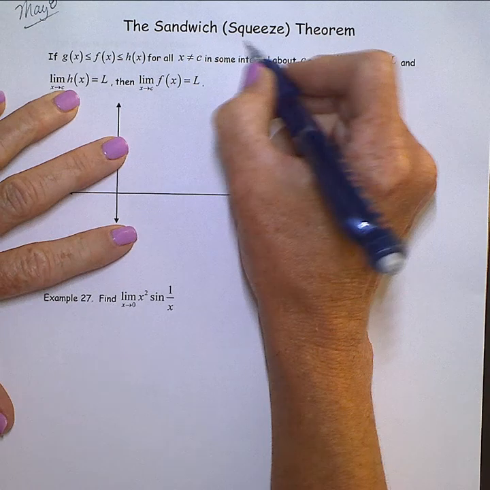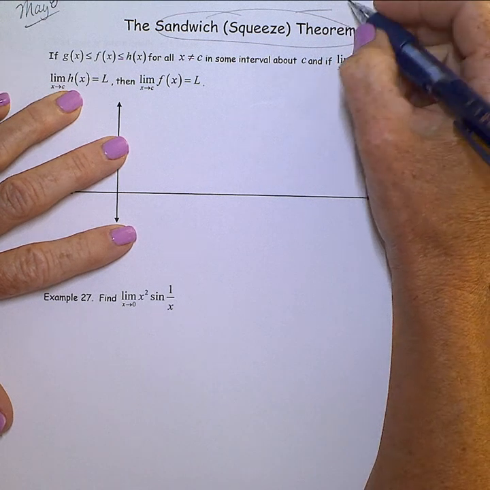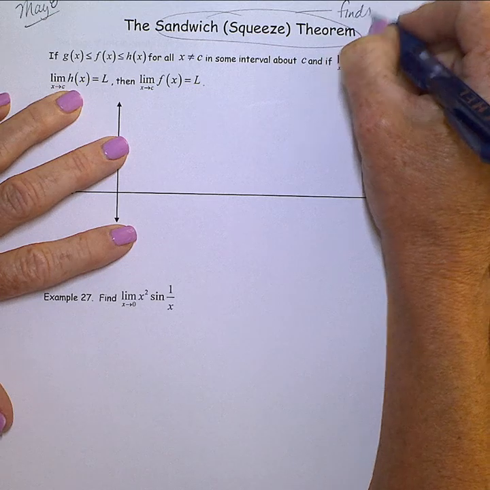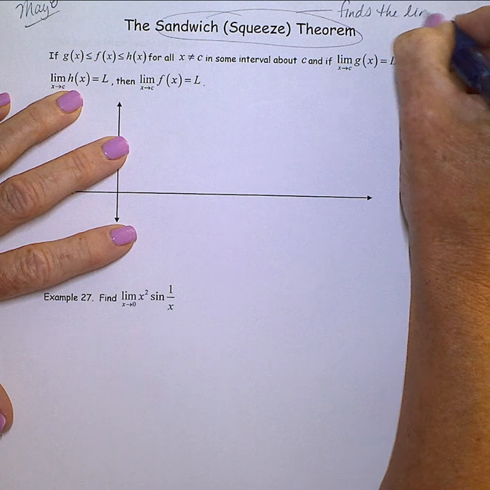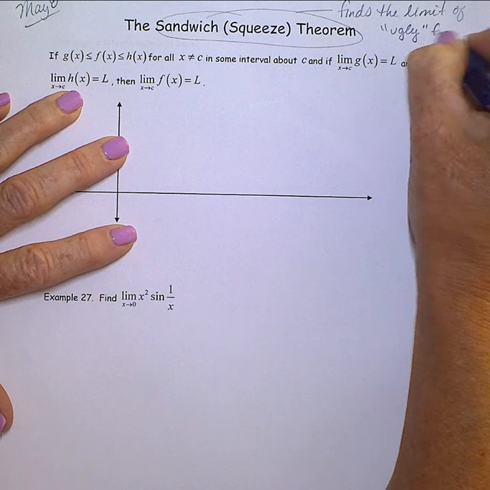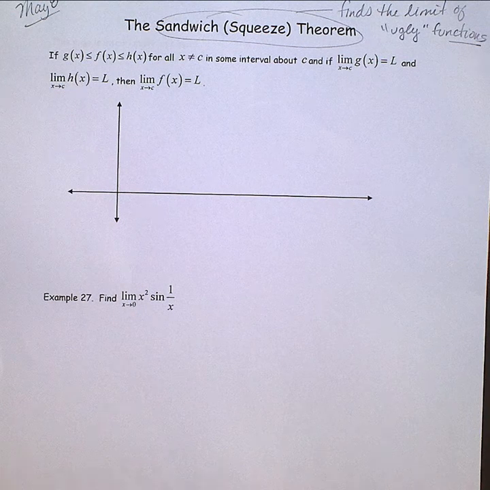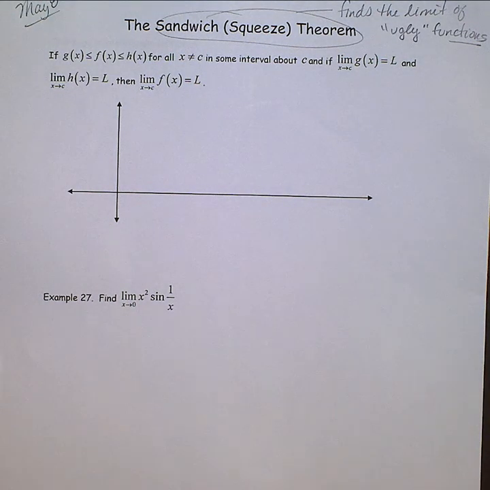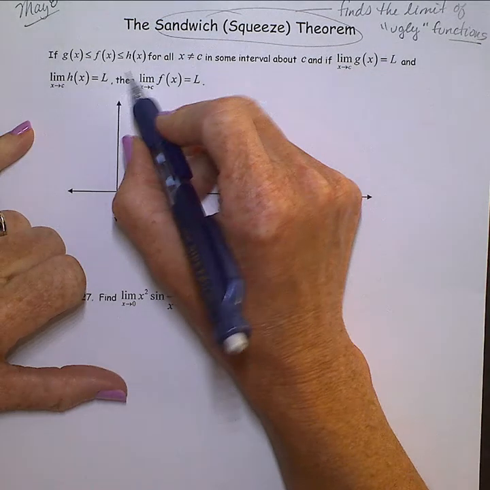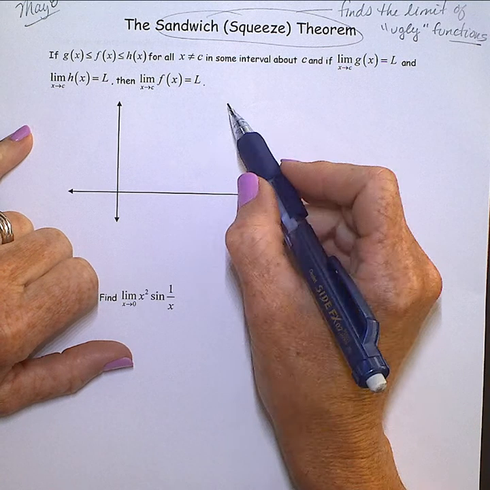What this theorem does is find the limit of ugly functions, things that you can't factor, you can't rationalize the denominator, and it's not one of the trig limits that we memorized yesterday. It sounds very confusing, but once we draw the picture, it won't be so bad.